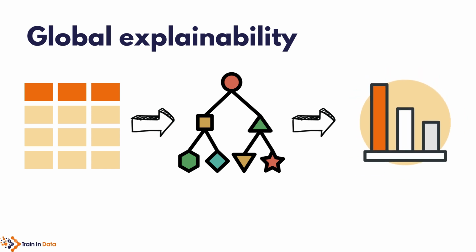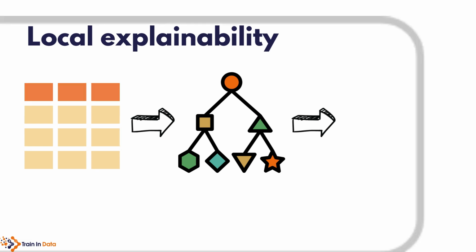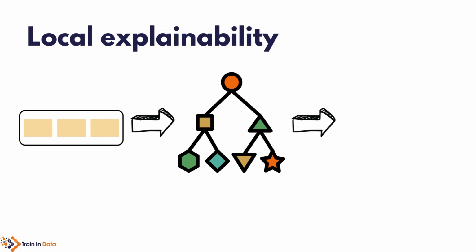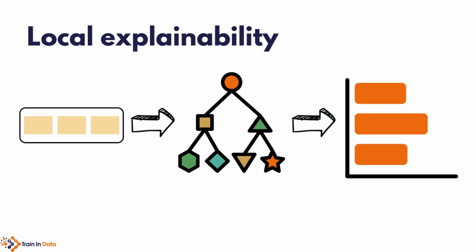We can also interpret models locally. Local interpretation consists in understanding for this particular customer, for this particular claim, or for this particular image, what made the model make this prediction. In this case, we want to know which features drove the model prediction for that particular example.